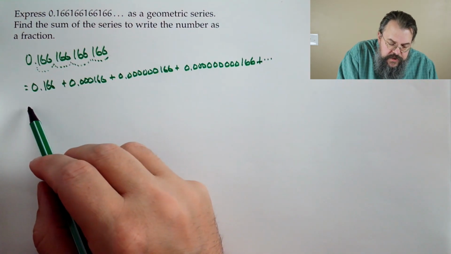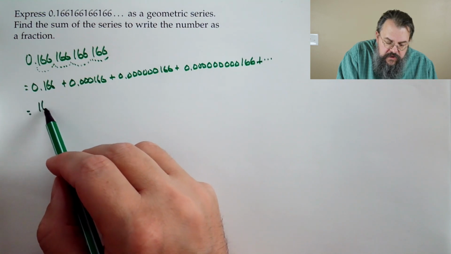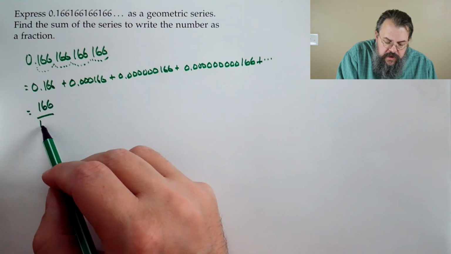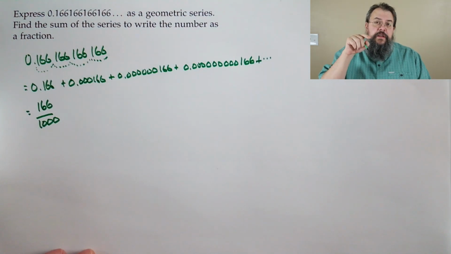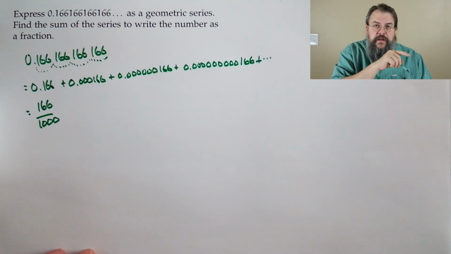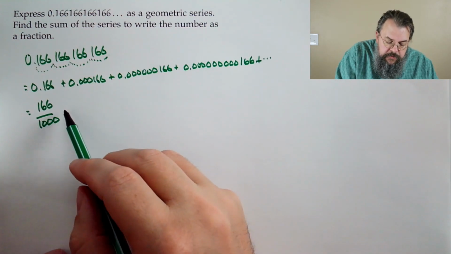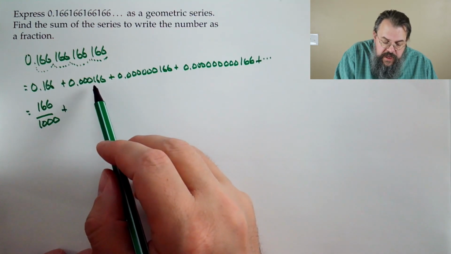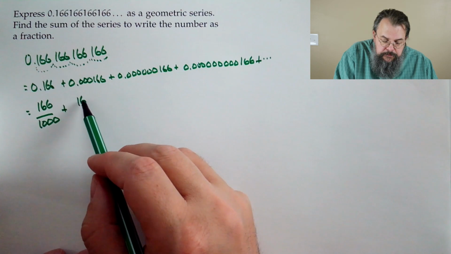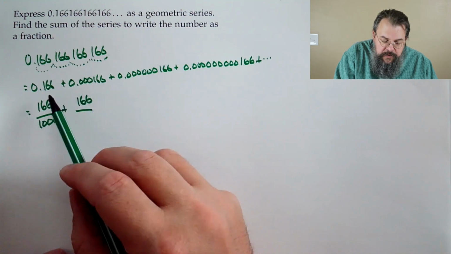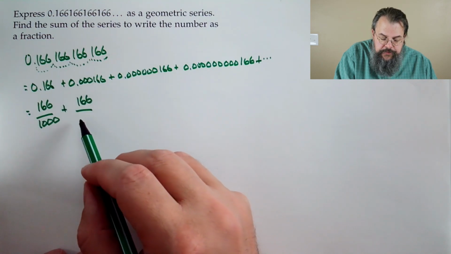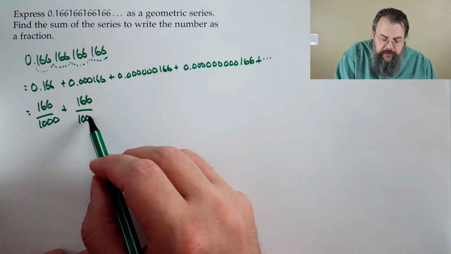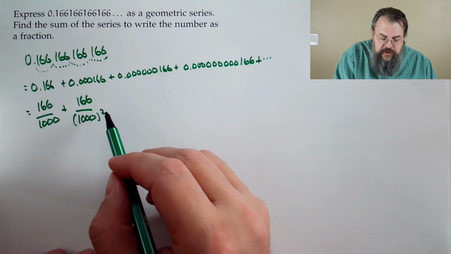If you think of the first number, it's 166 over 1,000, right? Because you have 166, and then you move the dot 3 places over. The next number, we have the same 166, but now, instead of moving the dot 3 places, we moved it 6 places. So that means we factored by another 1,000.